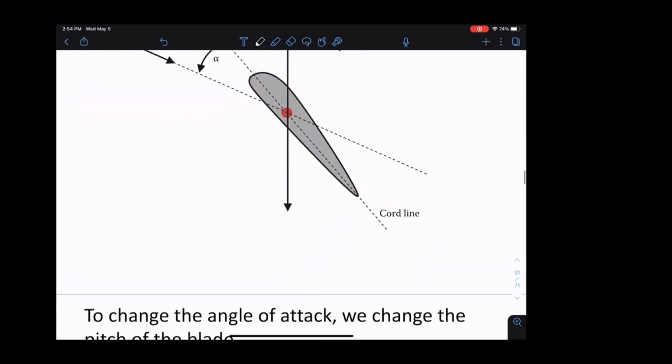So this is really controlling alpha by changing beta. Fundamentally, physically, we want to change the angle alpha. We can't because we don't know the wind direction. So we use something easier to measure called beta, and then we change the value of beta.